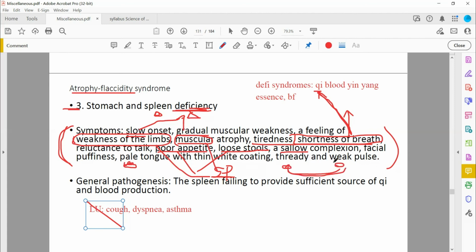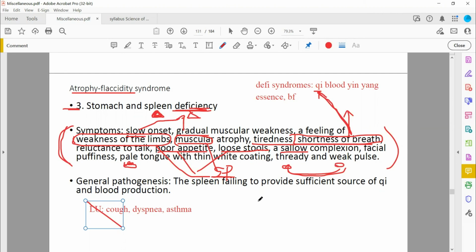So for this one, it just tells us that's a deficiency, but we don't know whether that's a qi deficiency or blood deficiency. Could it be both, right? Because if there's a qi deficiency, there will be blood deficiency. If there's a blood deficiency, there will be qi deficiency. So this one is said to be stomach and spleen deficiency, but we know from the case itself the focus is on the spleen deficiency.